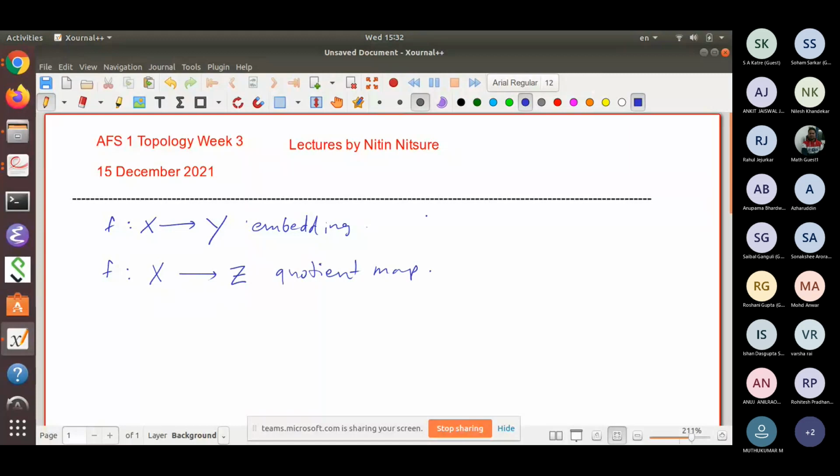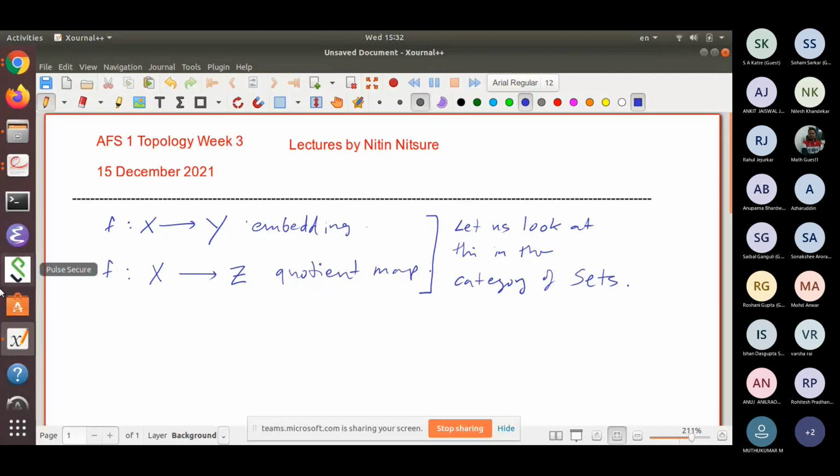So what I thought is, let us look at this in the category of sets. Meaning now I want X and Y to be sets and F simply to be a map of sets. Let's forget all topology, groups, metric spaces, rings. Just keep sets and set maps. So in that context, let us look at embedding and quotient map.